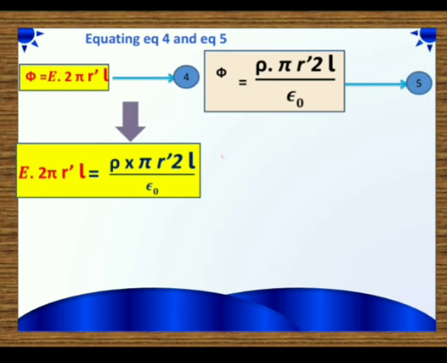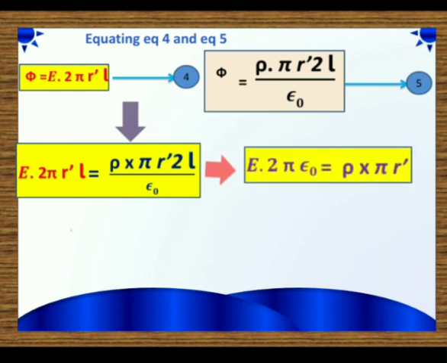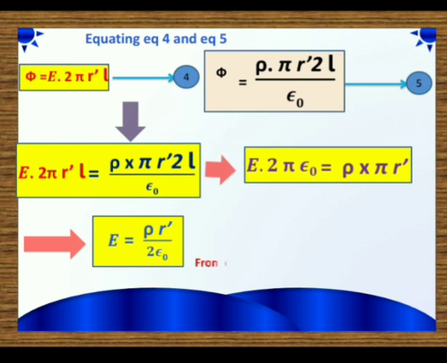Simplify this one, cancel pi and 2 and all, they get cancelled and you will get only E is equal to rho r prime by 2 epsilon naught. This is electric field intensity, but actually what is rho?